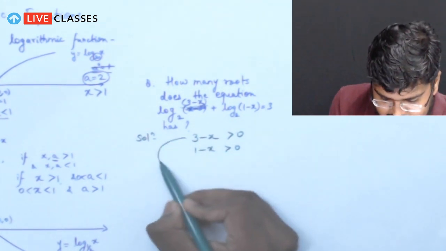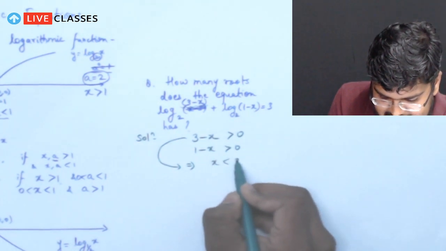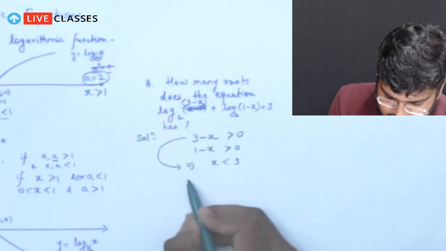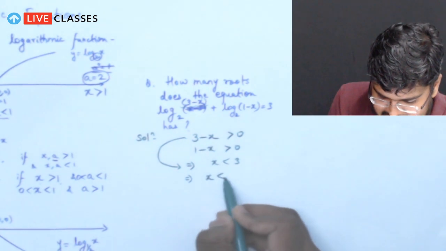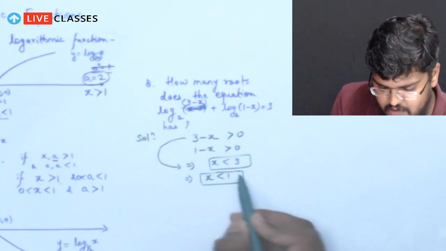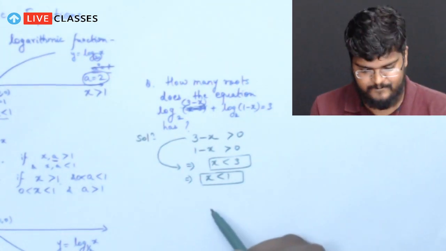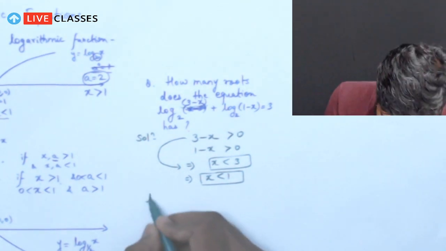Taking this further, I will get x less than 3, and from this I'm going to get x less than 1. So these are the two conditions that we'll have to make sure to implement when we finally get the solution of our equation.